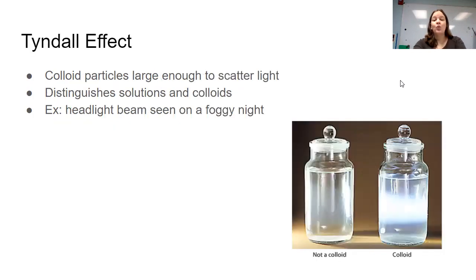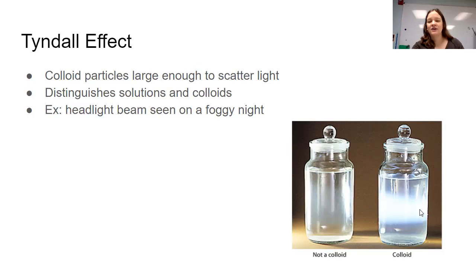Okay. One way to recognize a colloid is that colloids can undergo what's called the Tyndall effect, which is where the particles are big enough to scatter light. You can't always necessarily see it, they kind of look like a solution, like they look the same throughout, but then when you shine a light through it, in this picture on the left, this is not a colloid, this is a solution, so it doesn't really disperse the light very much.